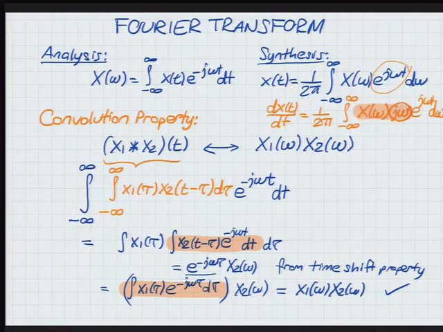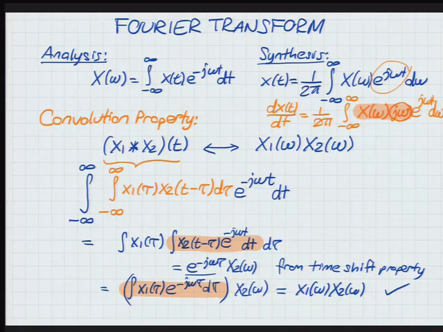So I'm just going to look at it all together, okay? So what I'm seeing on the right-hand side looks like a synthesis equation, except that the transform X(omega) is replaced with j omega times X(omega). So that means dx/dt in the frequency domain is j omega times X(omega).